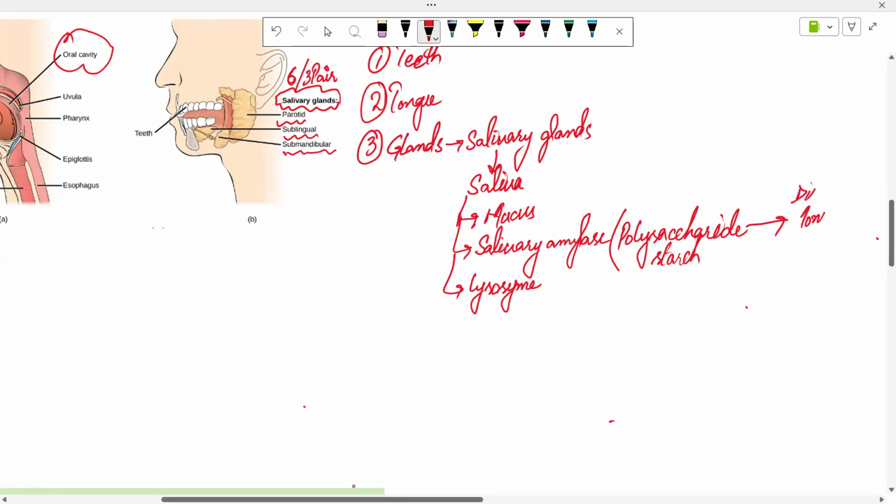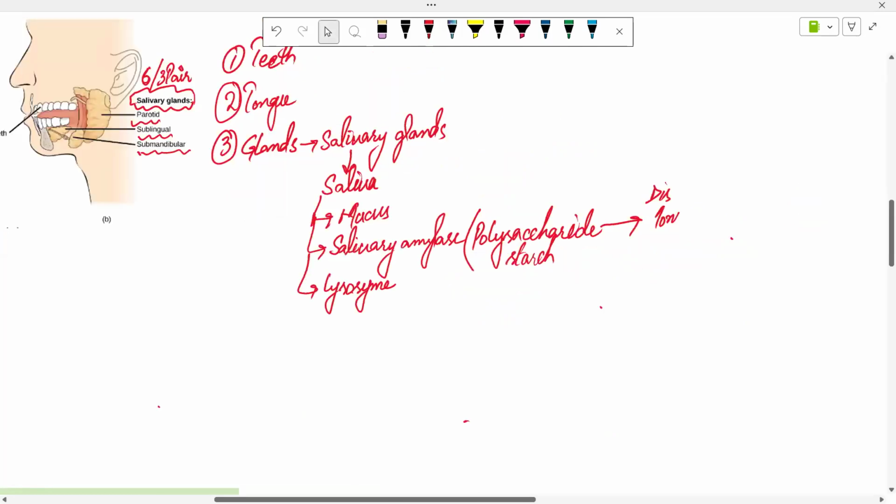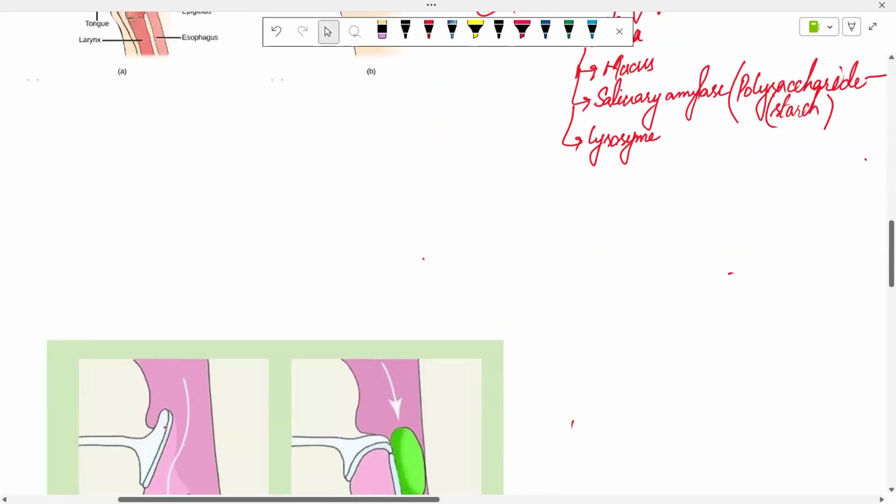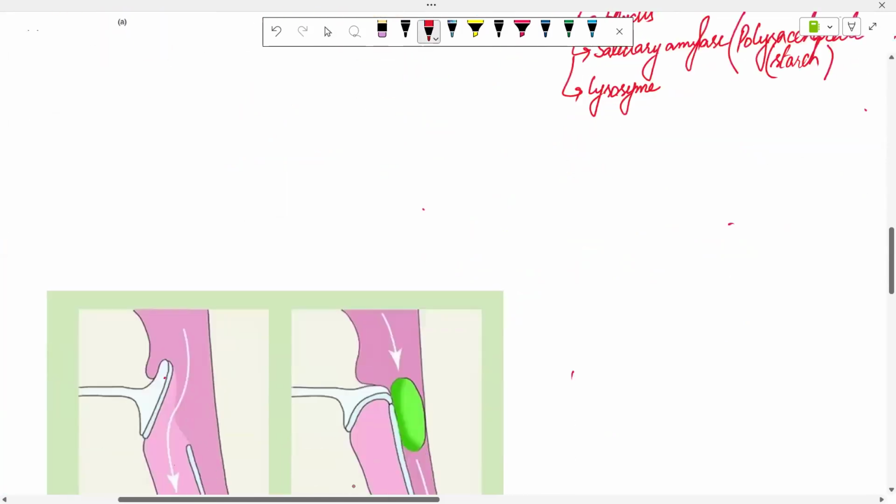Sorry, disaccharide, which is maltose. Then after that, from the mouth, the food is converted into bolus.